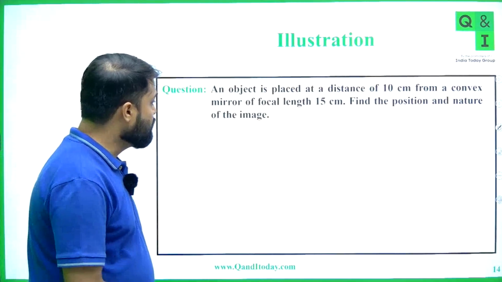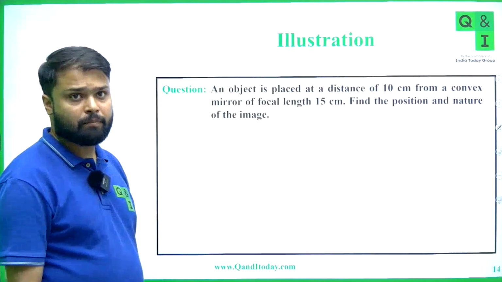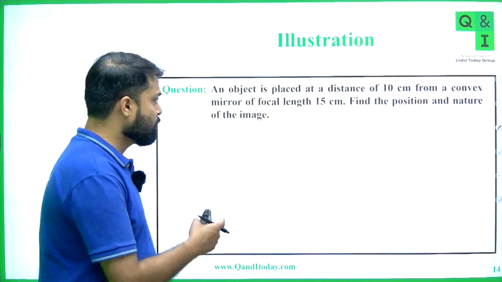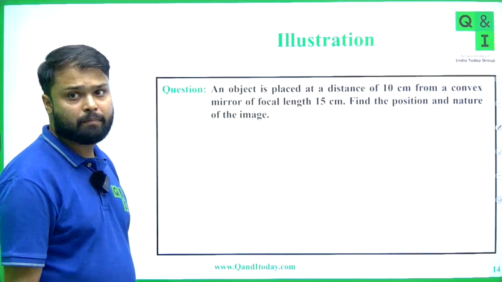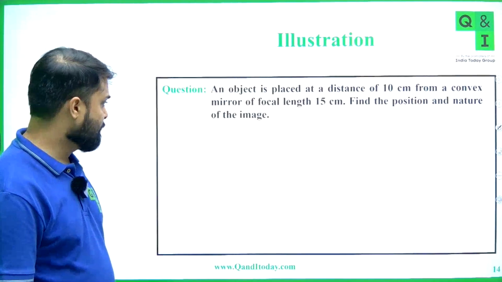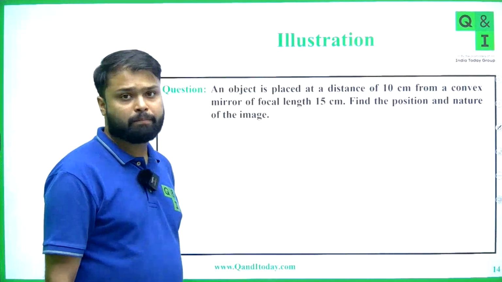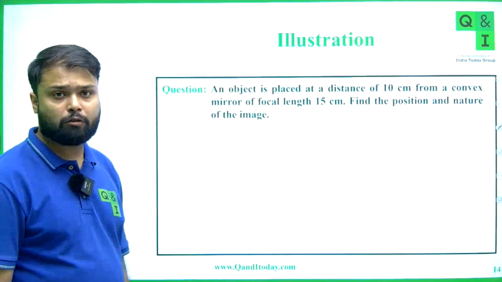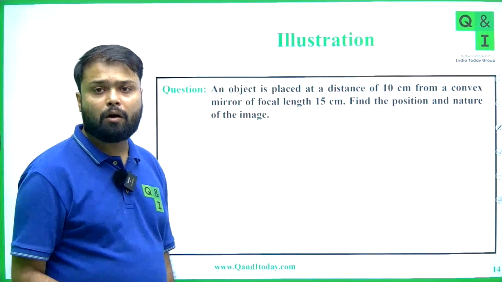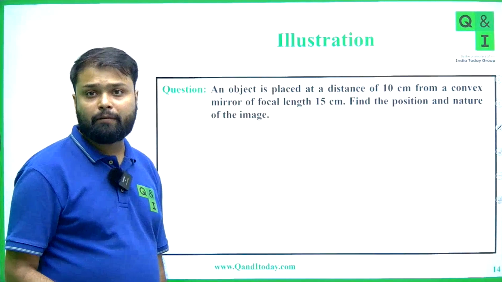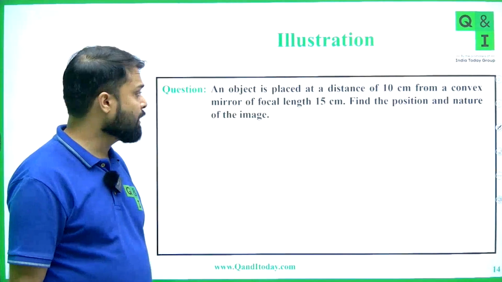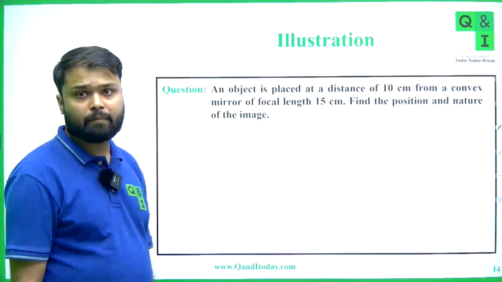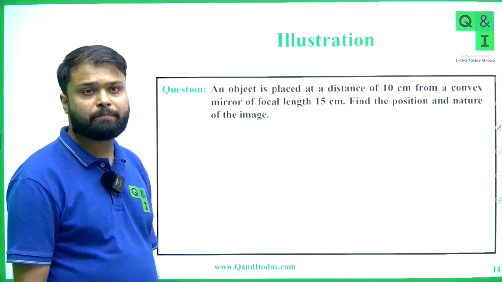Now, find the position and nature of the image. So, make the ray diagram to see where the image will form, because you have to tell the nature also, that the image is real or virtual, erect or inverted. Okay. So, everyone solve this.